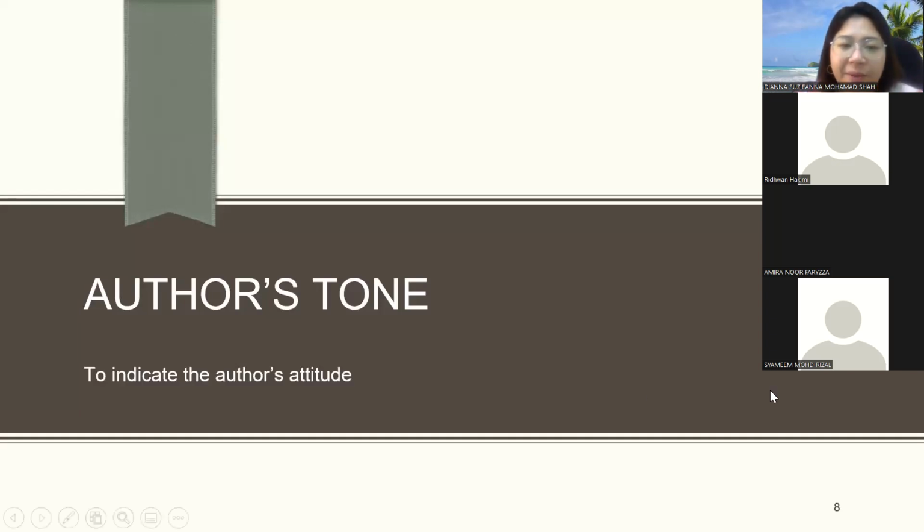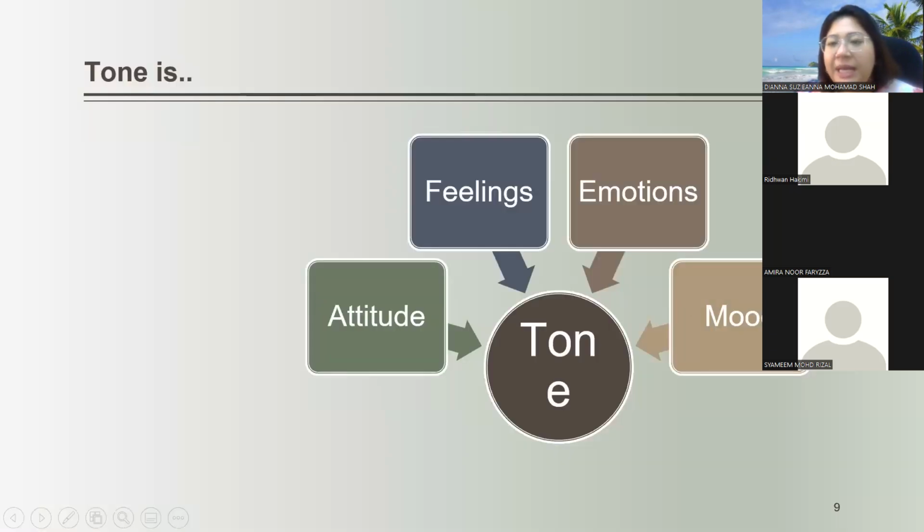Okay, so now we're moving to tone. Remember, just now we have learned about purposes. There are four purposes: to inform, to persuade, to entertain, and to instruct. Now we're moving to the tone. When we talk about to inform, there is no emotion. It is objective.